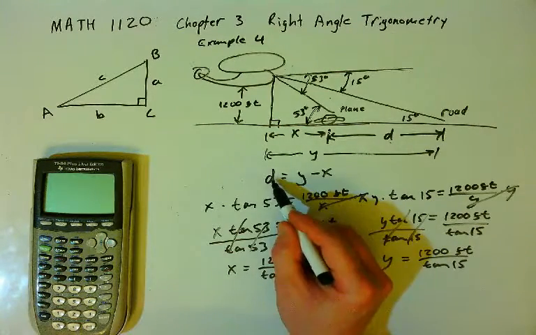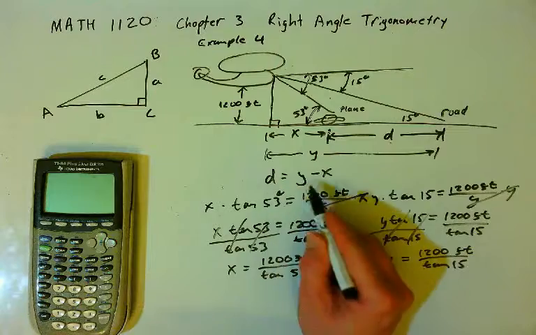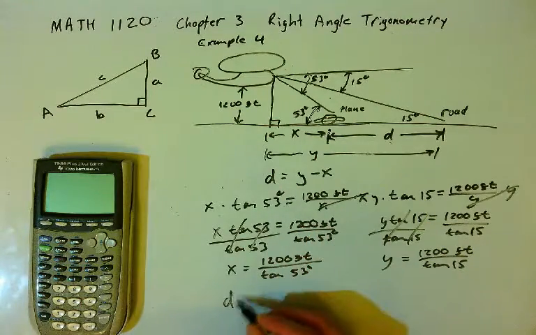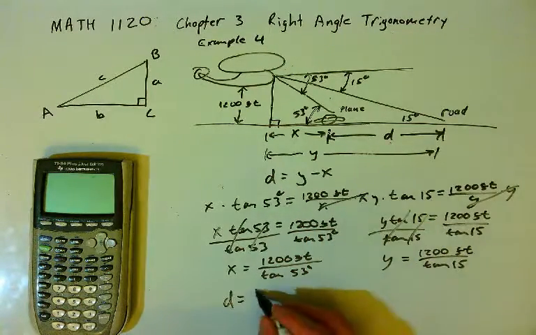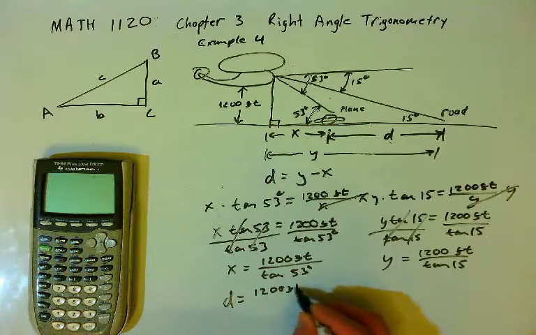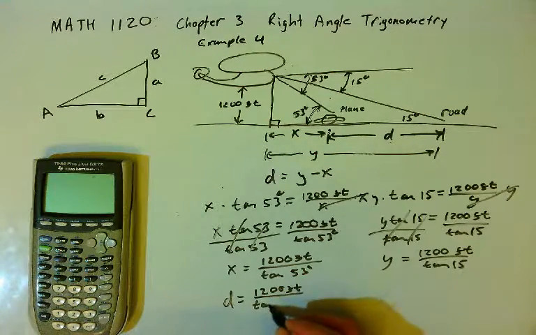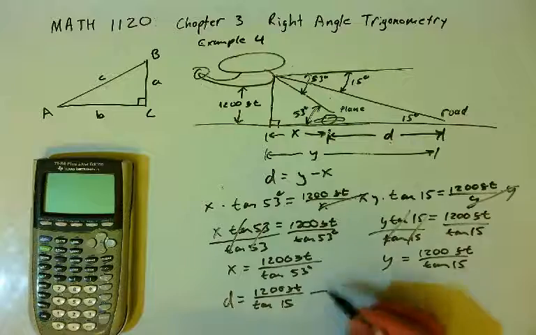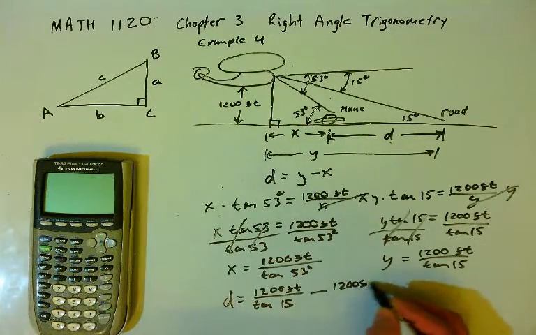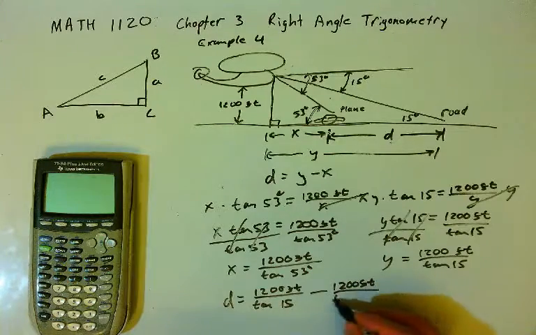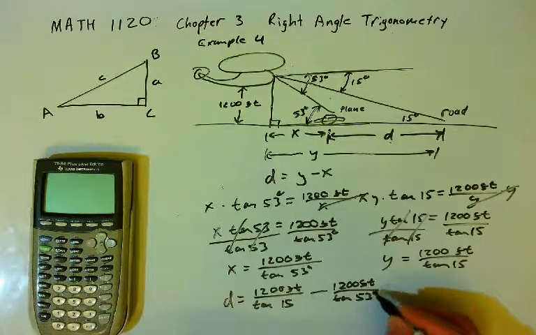We're looking for d ultimately, and d is y minus x. So d will be y, which is 1,200 feet divided by the tangent of 15, minus x, where x is 1,200 feet divided by the tangent of 53 degrees.